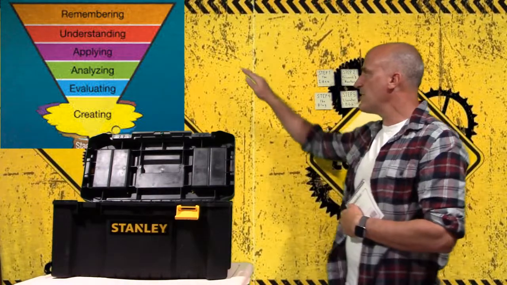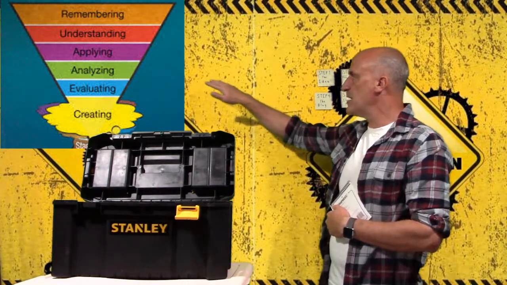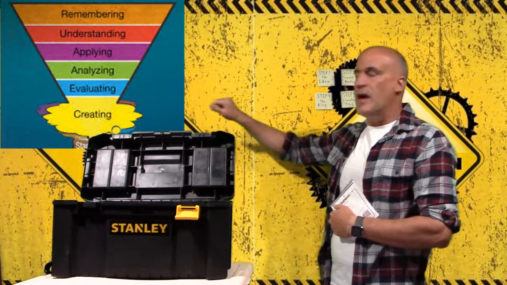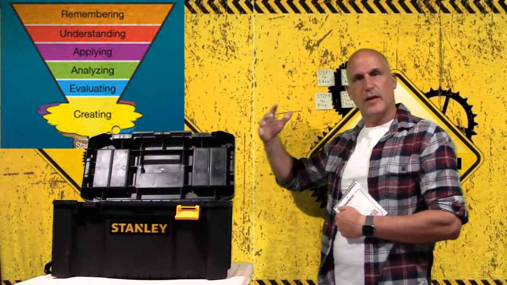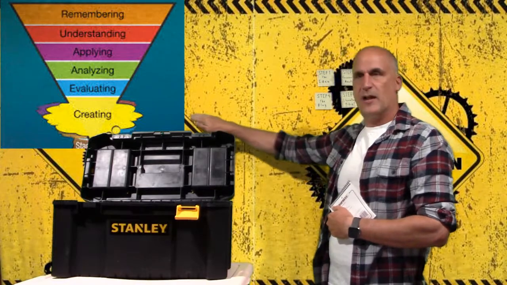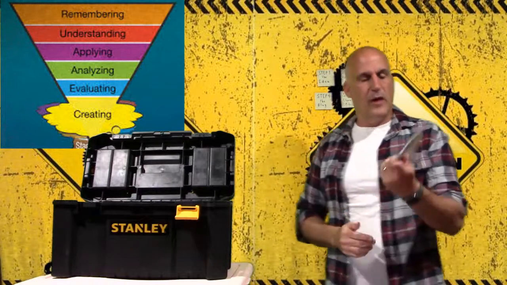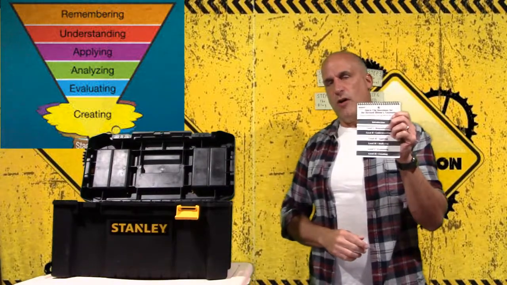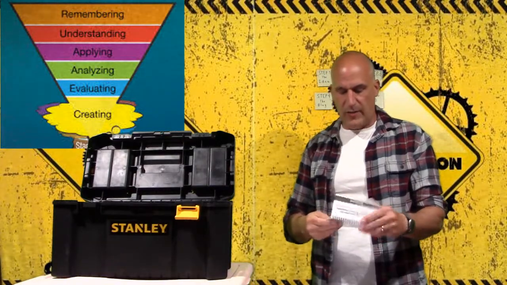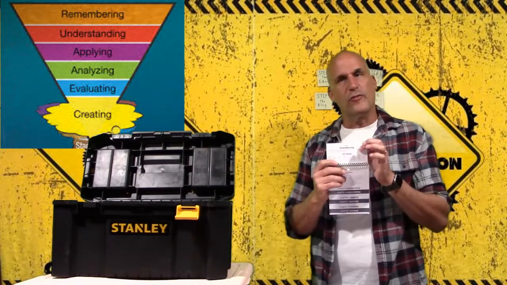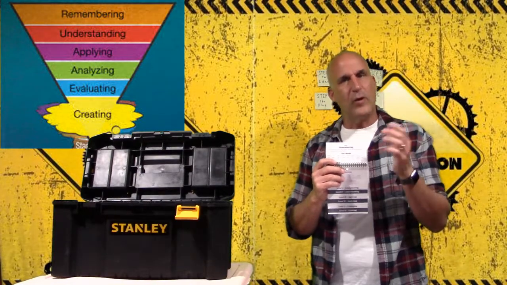So you start with the basics of remembering, understanding, and applying, and eventually you get to the higher levels of thinking, such as analyzing, evaluating, or creating. These flip charts are really good because when you go into them, they give you some verbs that you can use in your questioning to help you with that.